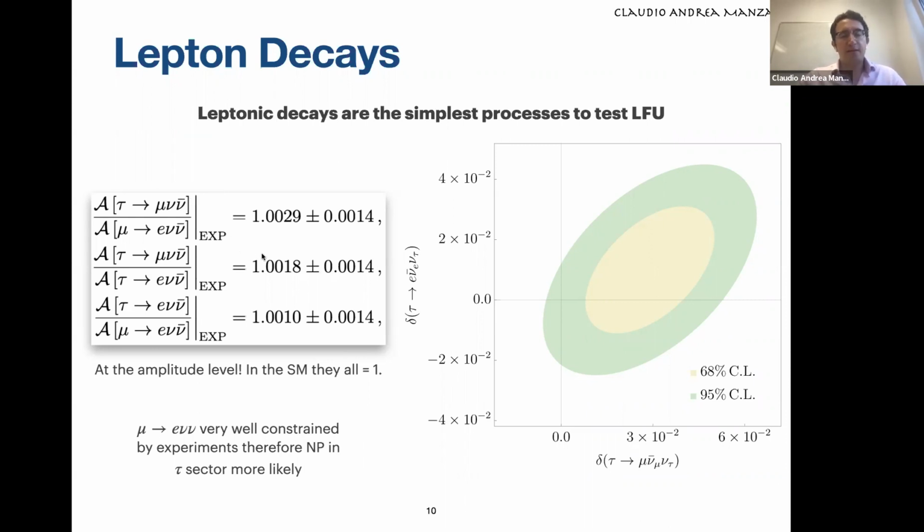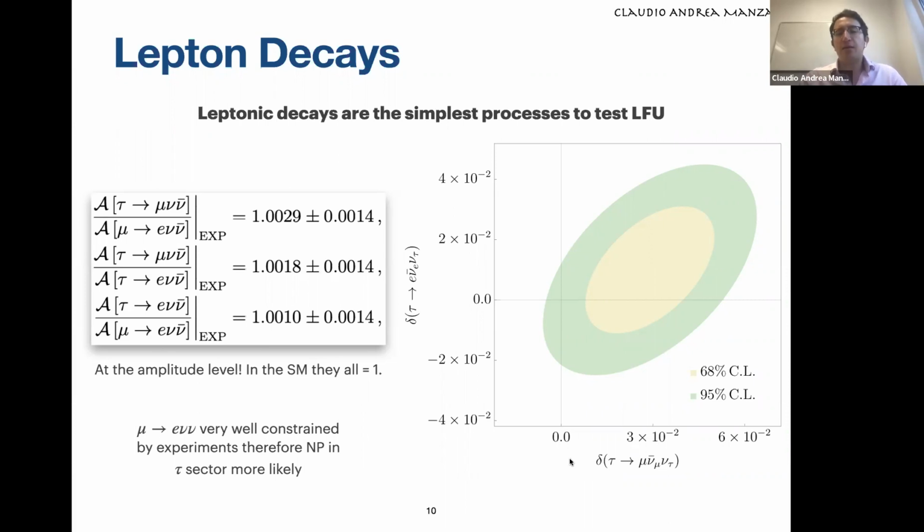And if you compare these results with the current experimental averages for these ratios, you can see a smaller than 2 sigma tension, which here I just represented assuming that we can have new physics only in tau to mu nu nu and tau to e nu nu, which is a reasonable assumption since mu to e nu nu is measured with a much higher precision than the other 2 processes.